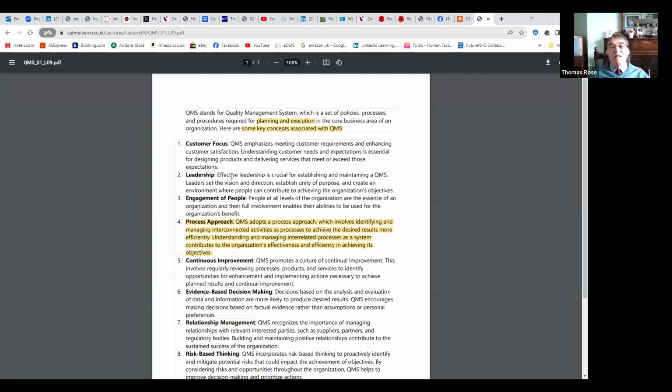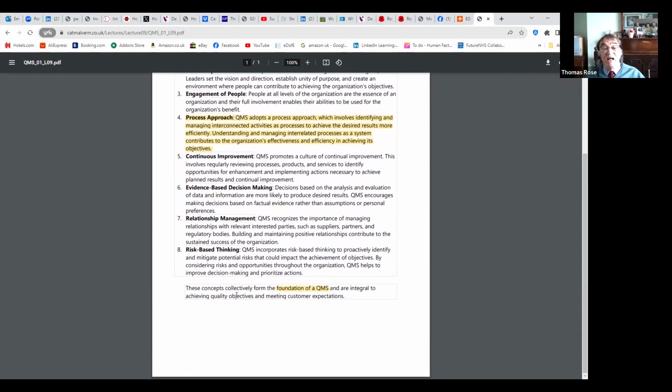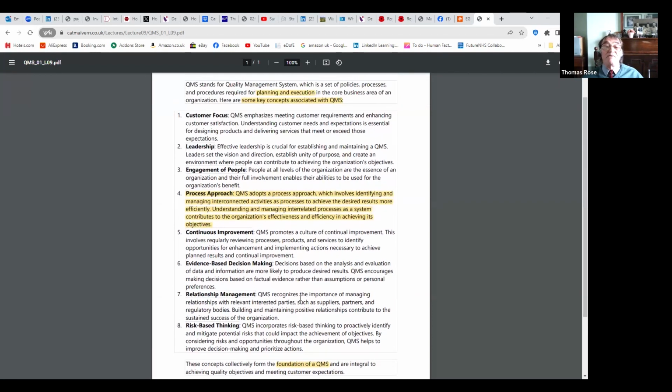The first one is a description of the system, and it talks about planning and execution, and it covers some of the key concepts of quality management. And it talks about the process approach, which I'll go into in a bit more detail, and it covers the foundations of a quality management system. So fair enough, that's okay.